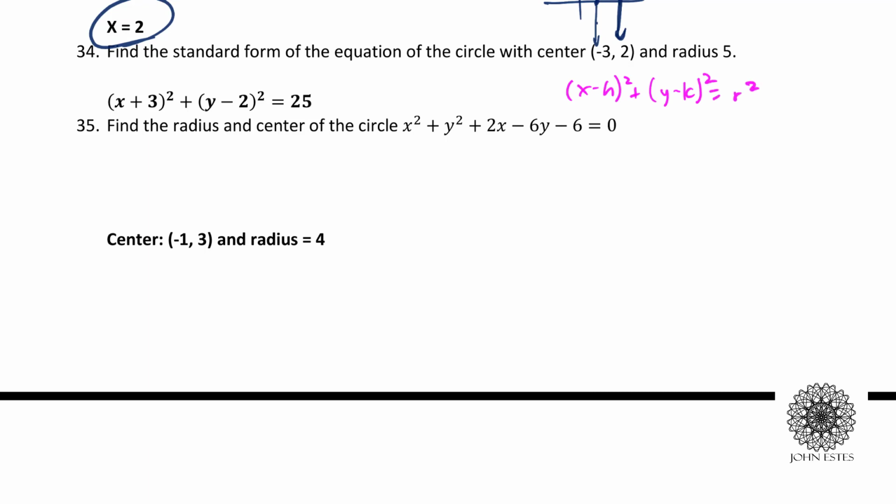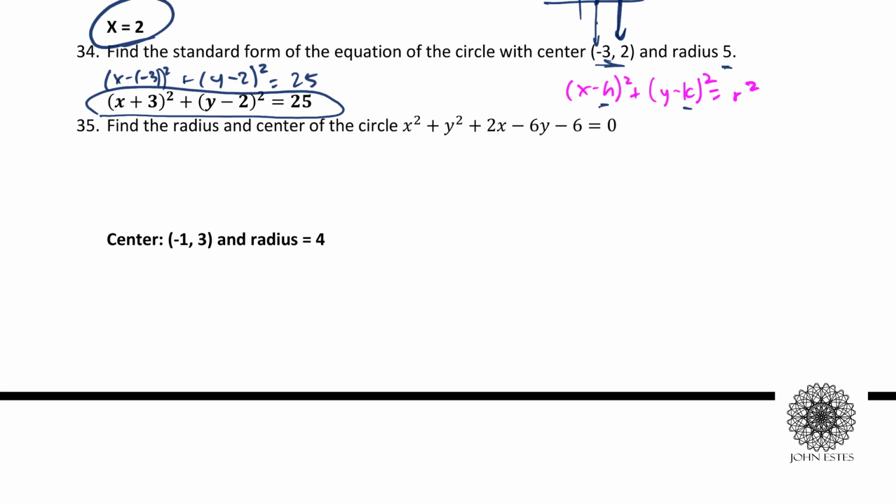So based on that, and based on what they gave me with this center and that 5, and I forgot to mention the h, k is your center, then I have x minus a negative 3 squared plus y minus 2 squared equals your radius squared. Okay, so then distribute that negative and you just end up with a standard form of the equation of the circle. Alright, number 35 is the same deal.